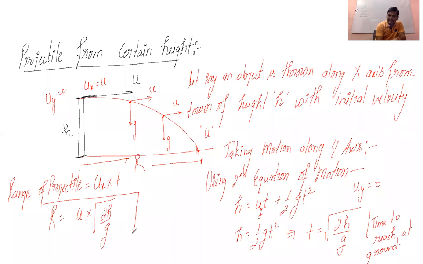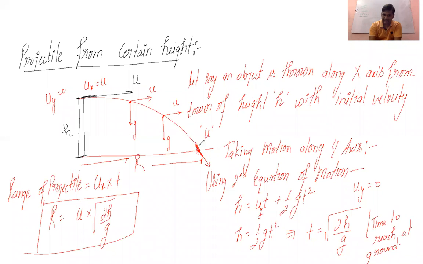This will be the range of the projectile for this case. Once it reaches here, it will hit the ground. Sometimes they ask what will be the hitting velocity, the velocity with which the object hits the ground.